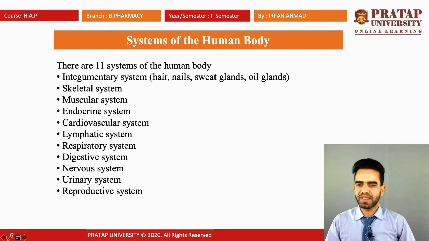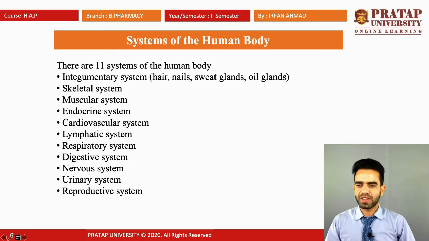The respiratory system consists of lungs, trachea, and bronchi. The digestive system consists of mouth, esophagus, stomach, small intestine, and large intestine. The nervous system involves the brain, neurons, and all other cells. The urinary system consists of kidneys, urinary bladder, ureters, and urethra.